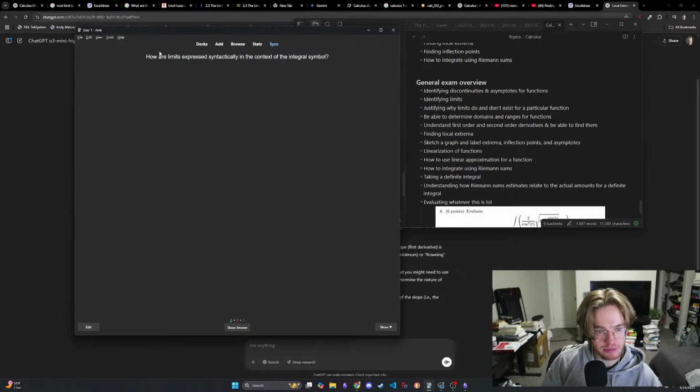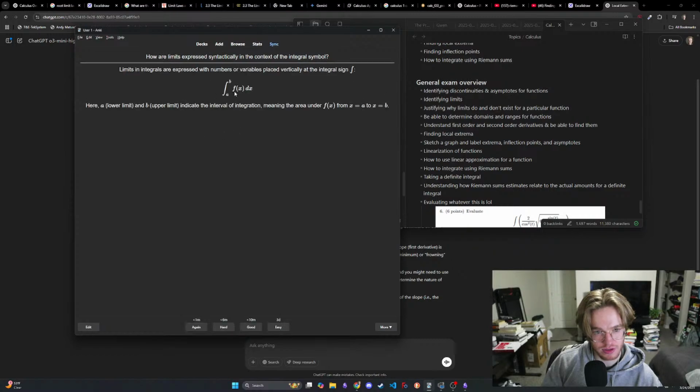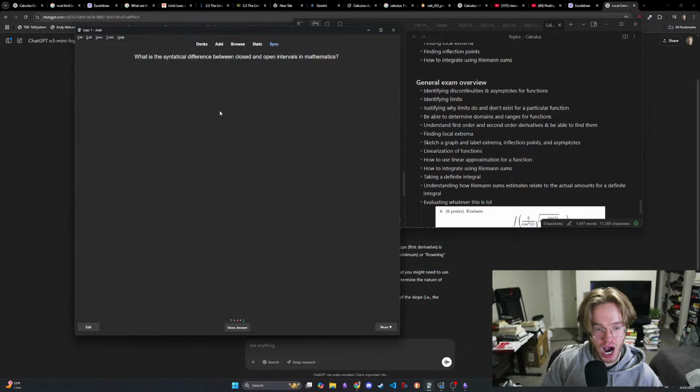So the integral symbol, the little S guy, has a lower limit and an upper limit. Okay, so I didn't get that they're all on one side, and the upper limit is in the upper position, which is reasonable.